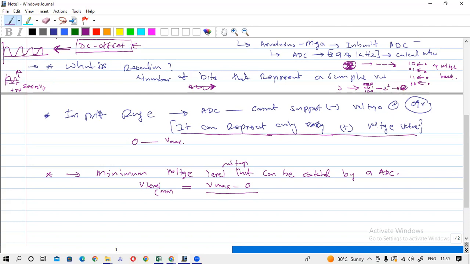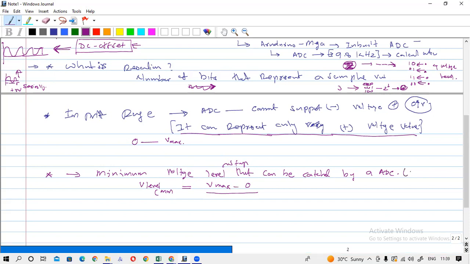So if your ADC resolution is n bits, how many voltage levels can you represent? Yeah, that is 2 to the power n.